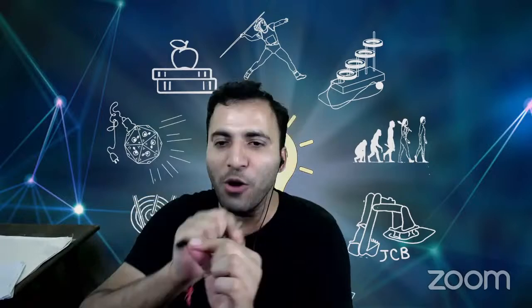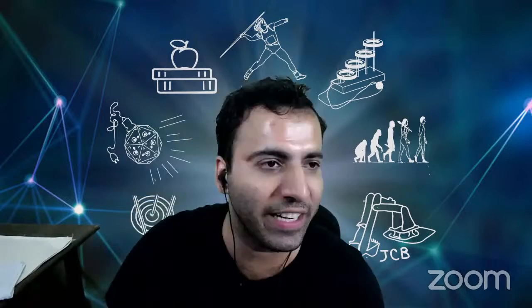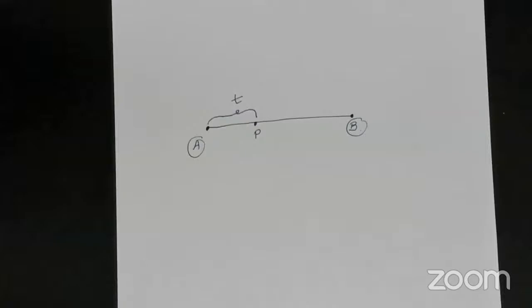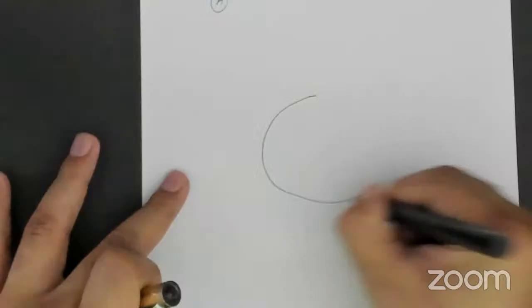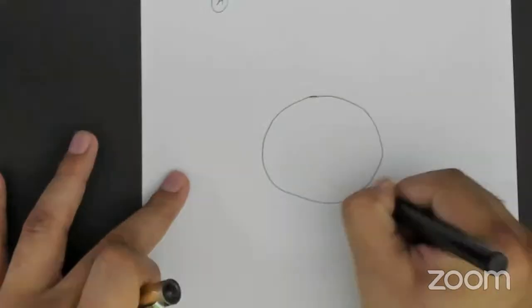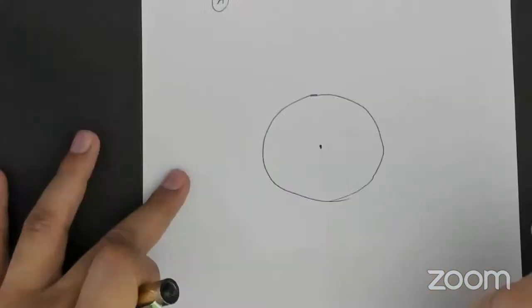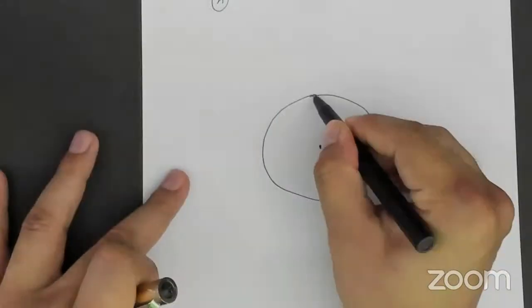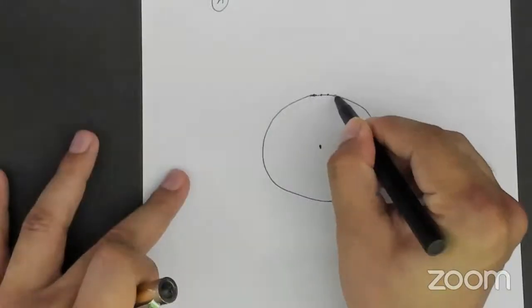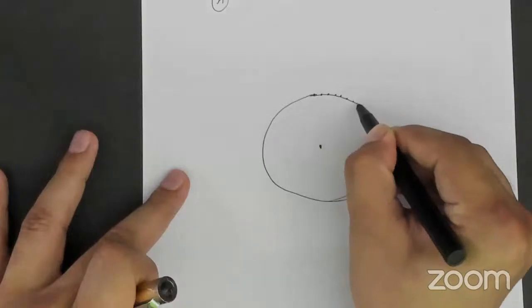Let me once again take you to the overhead camera, to show how a circle has been defined. So let me try to draw an approximate circle. So let's say this is the center. These are all the points which make a circle. And how about this particular point?